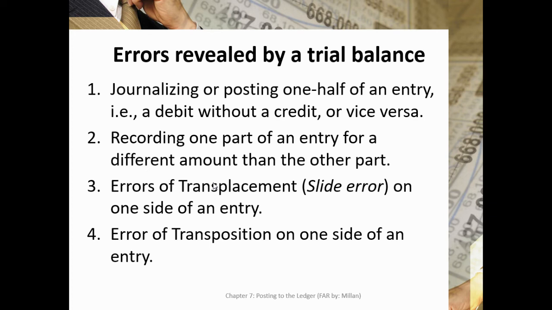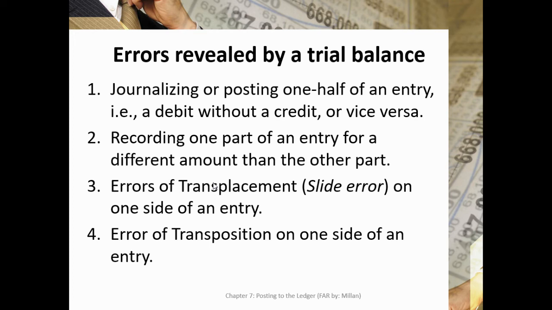Number 2 is recording one part of an entry for a different amount than the other part. Number 3 is errors of transplacement or slide error on one side of an entry and error of transposition on one side of an entry.